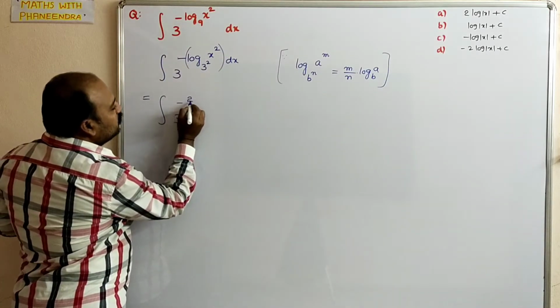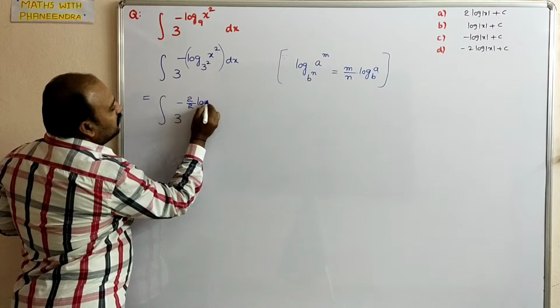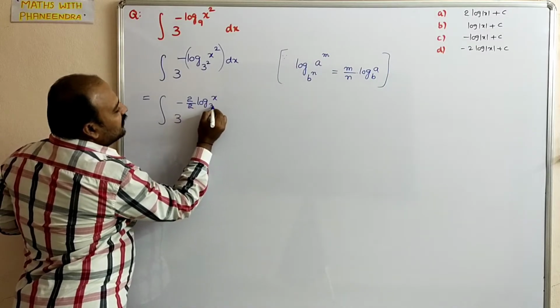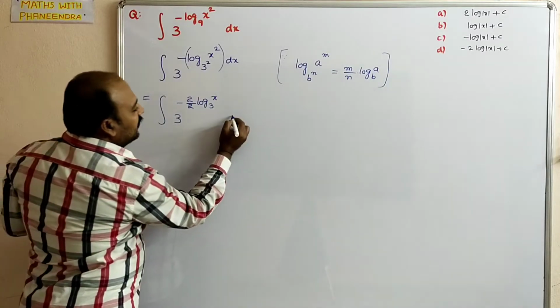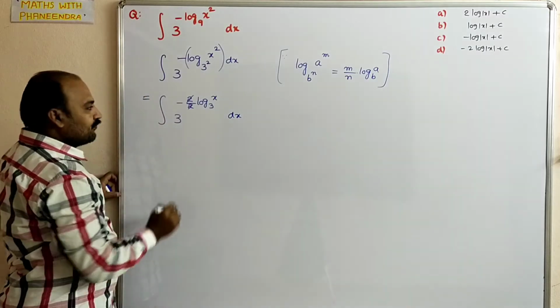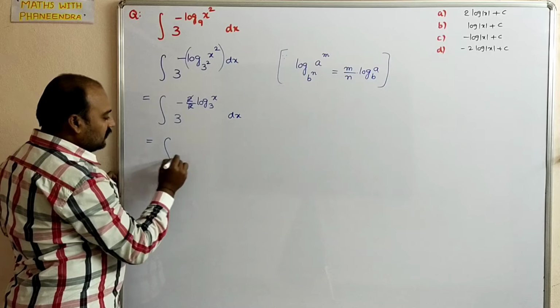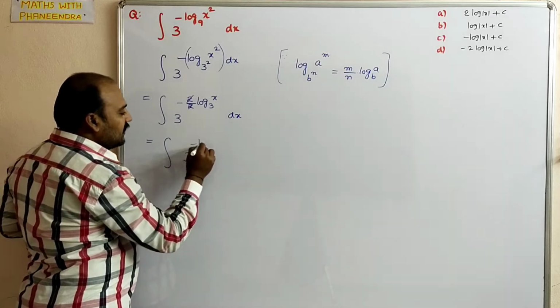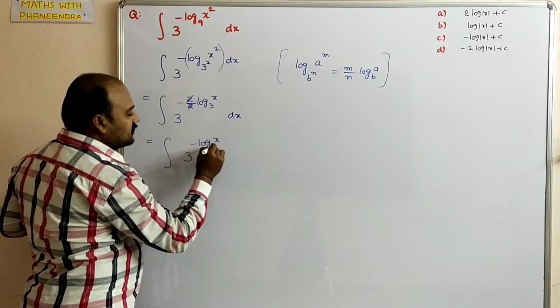So 2 by 2 log x to the base 3 into dx. So here 2 gets cancelled, which is equal to integral 3 power minus log x to the base 3 into dx.